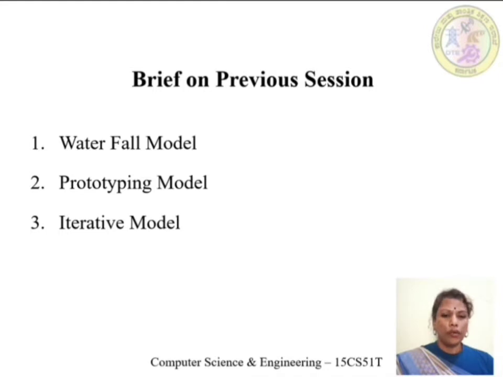With the initial requirements, an initial version of the product is developed. This initial version is called a prototype, and this prototype is delivered to the end users, customers, stakeholders or clients. Feedback is taken from the end users, and this feedback is used to finalize the complete requirements of the final version of the product.